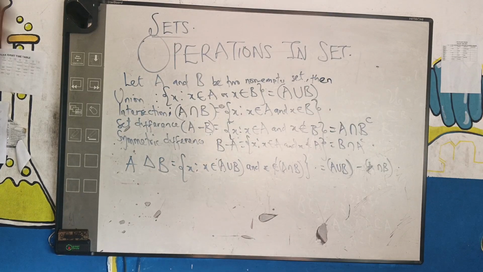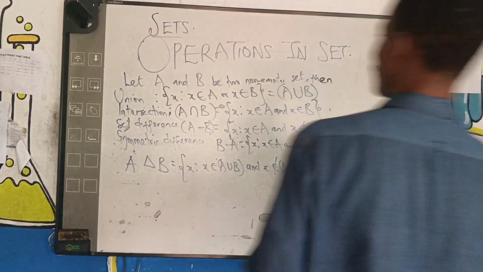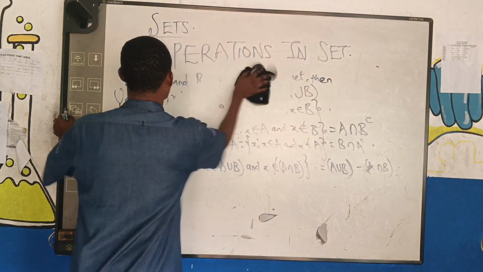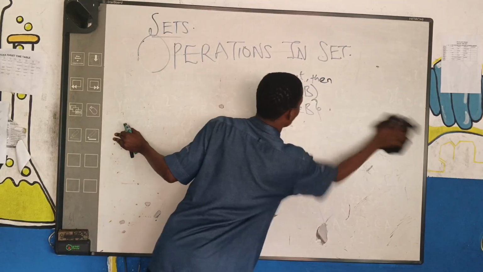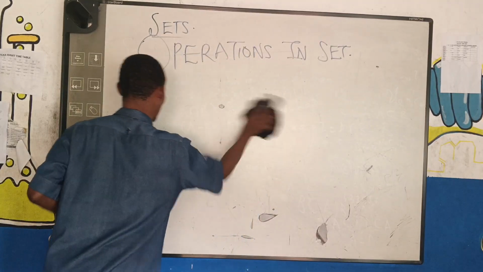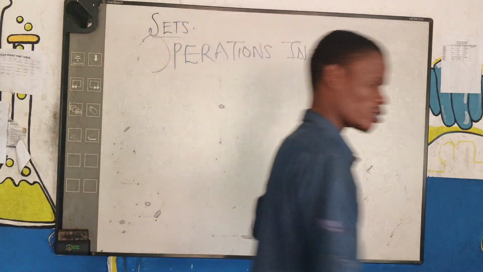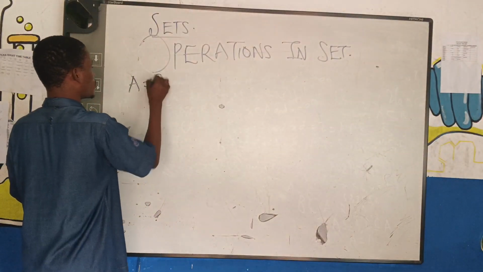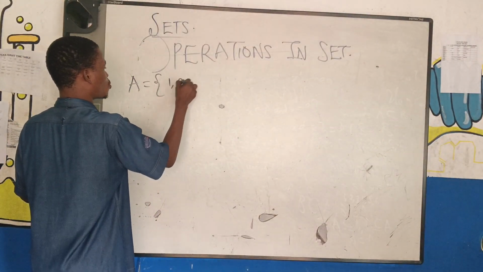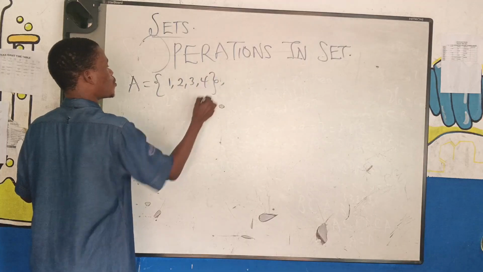Okay, let's add a question. They will play with every one of these things. We do union, we do intersection, we do everything possible with it. So let's have a question. Now let's say A is the set 1, 2, 3, 4.